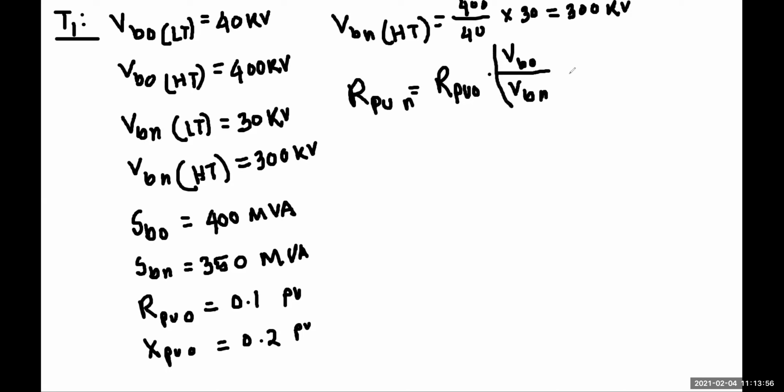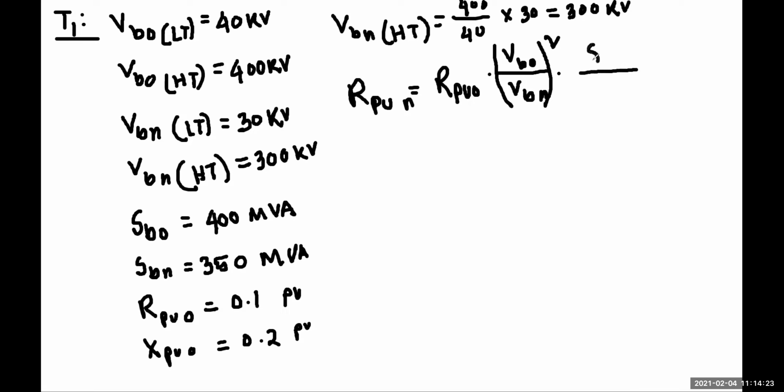Which one will you choose, high voltage or low voltage? Abdullah, which one will you choose? If you choose high voltage, choose the high voltage; if you choose low voltage, choose the low voltage. Understood? Yes, sir. It doesn't matter.